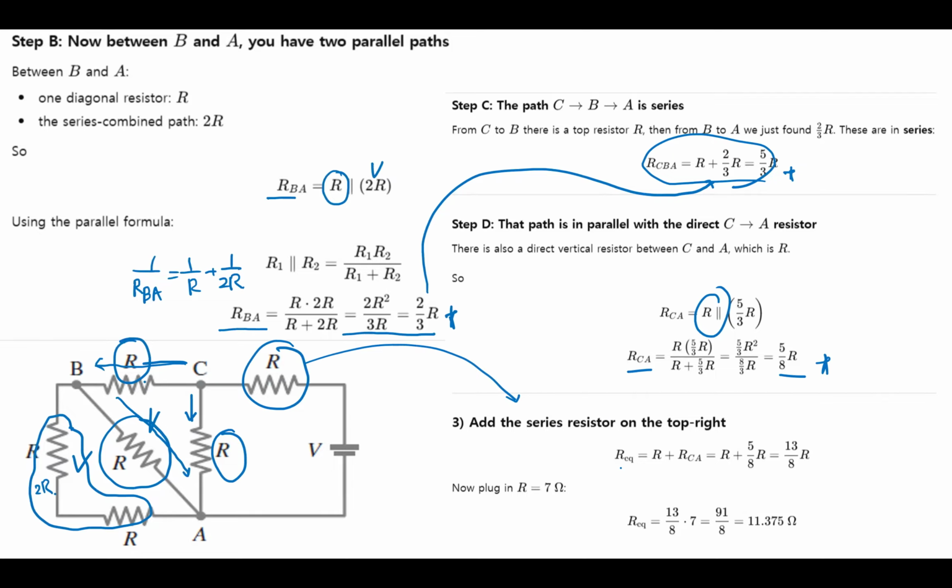And then the equivalent is given by this one. Plug in the 7 ohm, then you get this one. So it is a little bit complicated, but once again, you have to do it with patience and with the correct setting up.